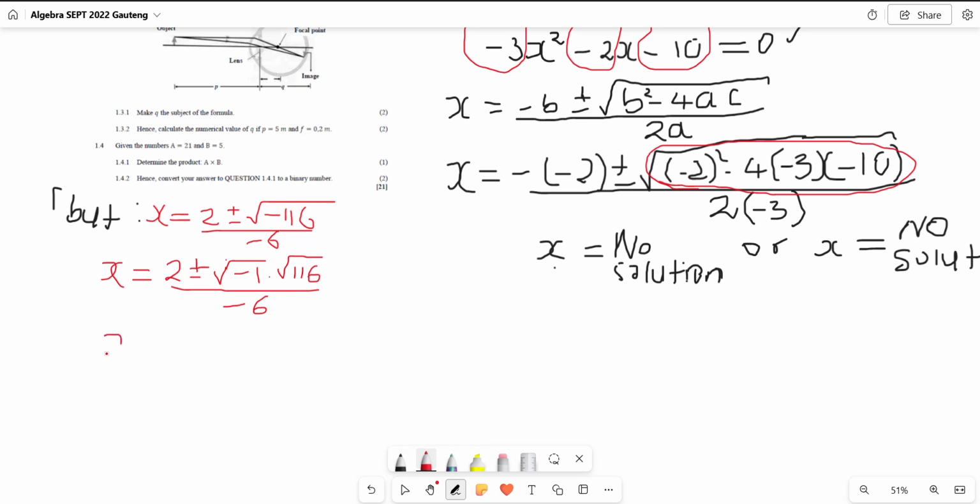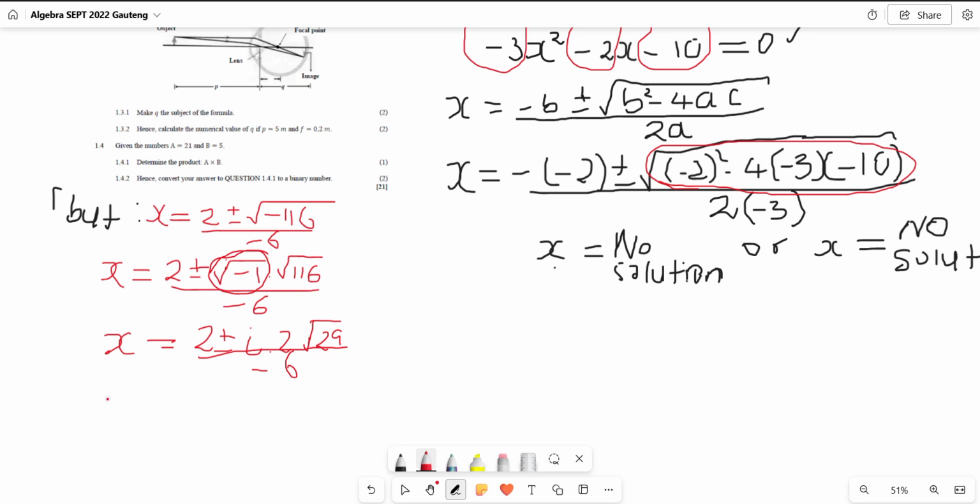Now we go further to say x is equal to 2 plus and minus. We know from the concept of complex numbers here in term 1 that the square root of negative 1 results to i. Then the square root of 116 results to 2 square root of 29, divided by negative 6.